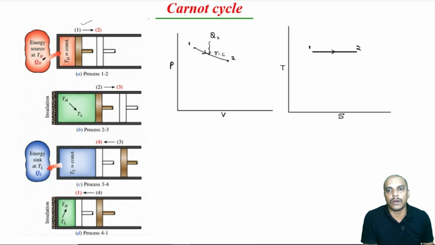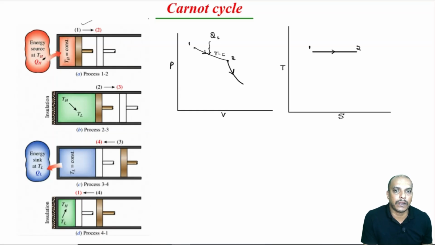That is what we are saying, that there are no losses, no irreversibility. As soon as the heat is added, the piston is moved to an extent where the work done is equal to the amount of heat added. So, temperature remains constant. Now, from 2 to 3, we remove this source, and we again insulate this side. Then we allow this air to expand. So, 2 to 3 is a polytropic expansion, an isentropic expansion.